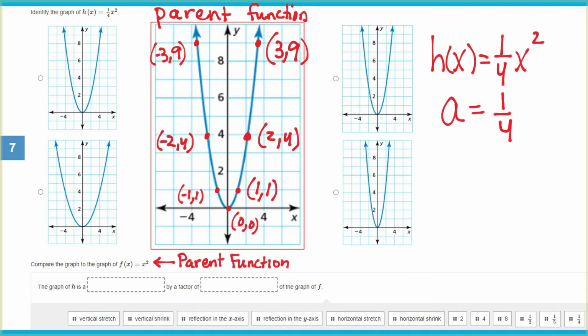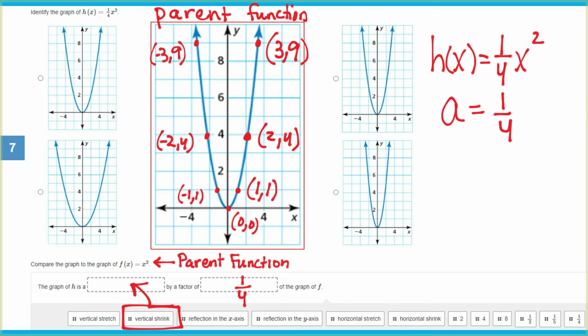Whenever your a value is a proper fraction, your graph will be a vertical shrink compared to the parent function. So we know that the graph of h is a vertical shrink by a factor of 1/4 of the graph of f, and the graph of f is the parent function.